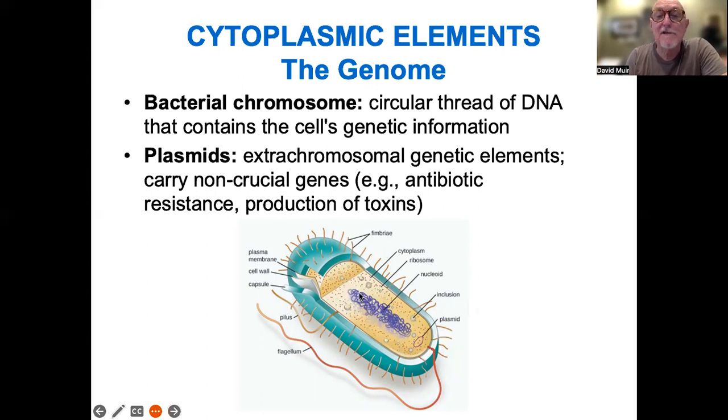They may also have small circlets that you've heard about before, and these are the plasmids. Small circles of DNA. Those plasmids often contain very useful information. For example, they may contain information which confers resistance to antibiotics. That's one thing. They may contain information which allows a non-pathogenic cell to become pathogenic. That's the other.